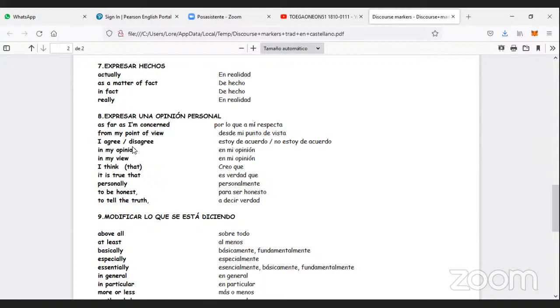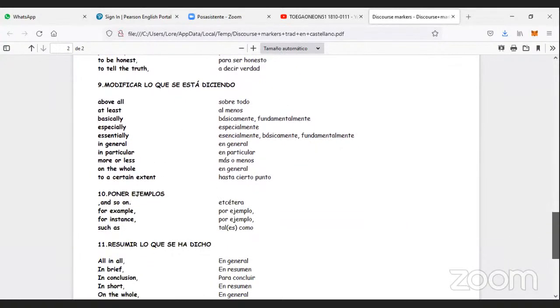So in number 9, we have some words that we can use in order to modify something that we are telling, okay? For example, particular, basically, essentially, in order to modify what you want to express.